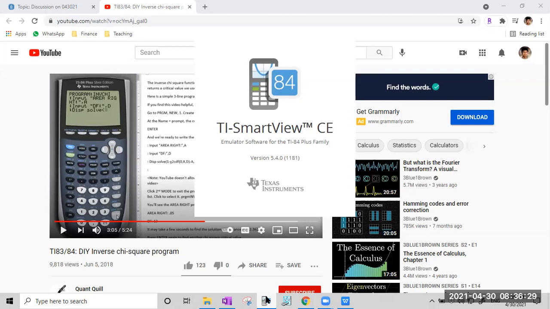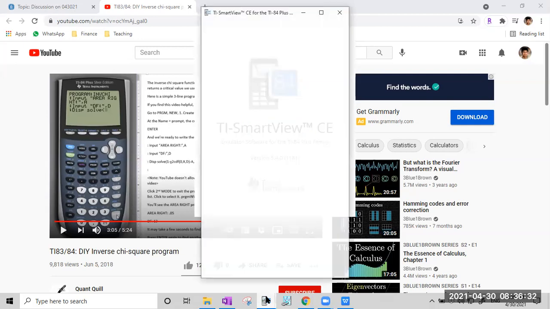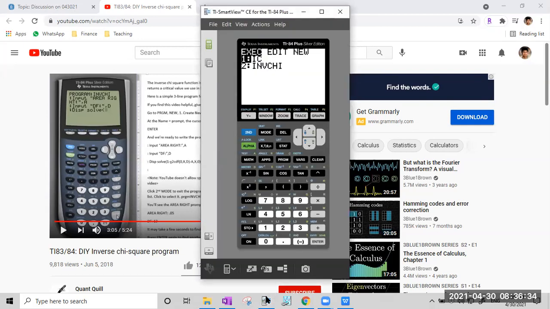So either you play that movie again and again to see where she gets the solve, or you go to math. The first option is already math, right? Solve happens to be at the very bottom.